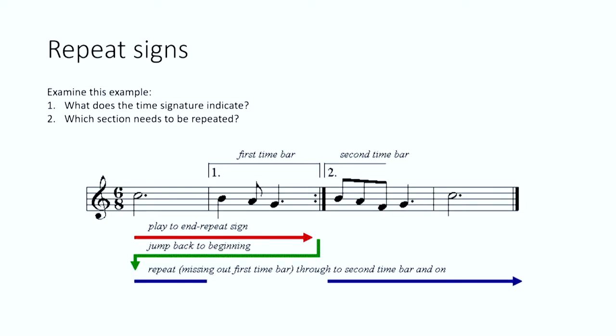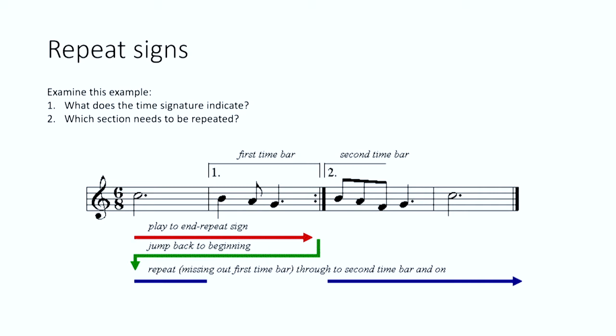Here is a different example of repeats, which we haven't come across before. You'll see that above one of the bars is a bracket that has a number 1 in it, and then another bracket with a number 2. What this means is start the piece and go all the way to the repeat sign. Okay, that's the first time. Then go back to the beginning and start again.